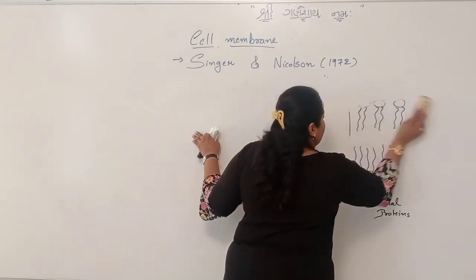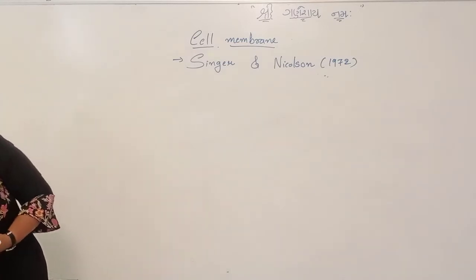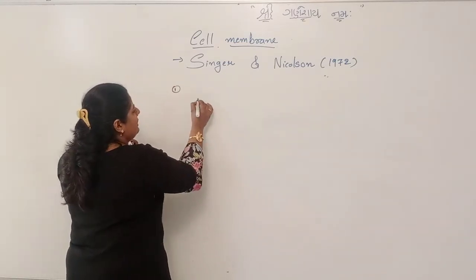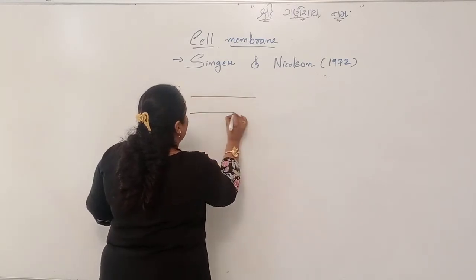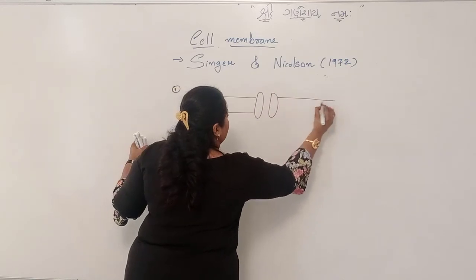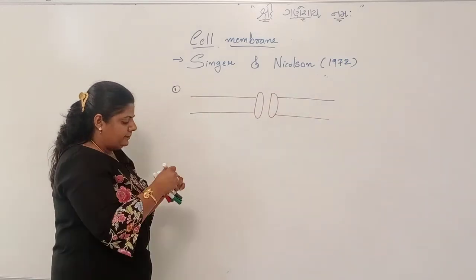Ready? So first of all, simple diffusion. Suppose this is our lipid bilayer membrane. Inside the cell, outside the cell.